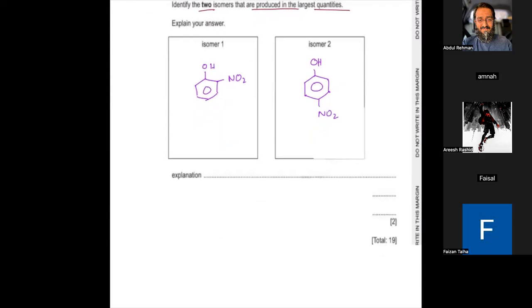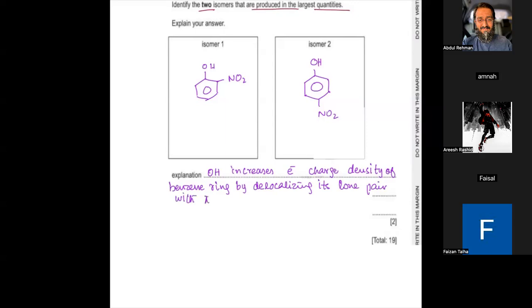And now they are asking the reason. So now we are going to write this reason in more detail: OH increases electron charge density of the benzene ring by delocalizing its lone pair with the pi system.